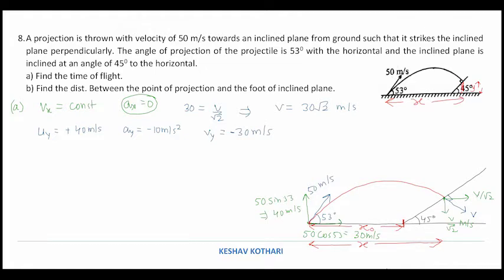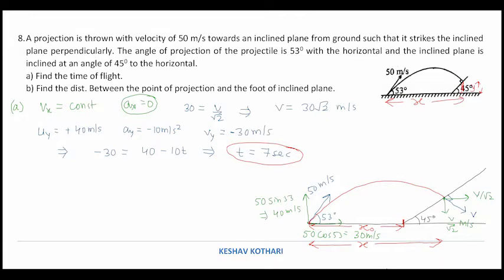So if we solve this equation for time, v is equal to u minus 10t, and from here we obtain 10t equal to 70, that is t equal to 7 seconds. So this is the answer for the first problem, that is t equals 7 seconds.